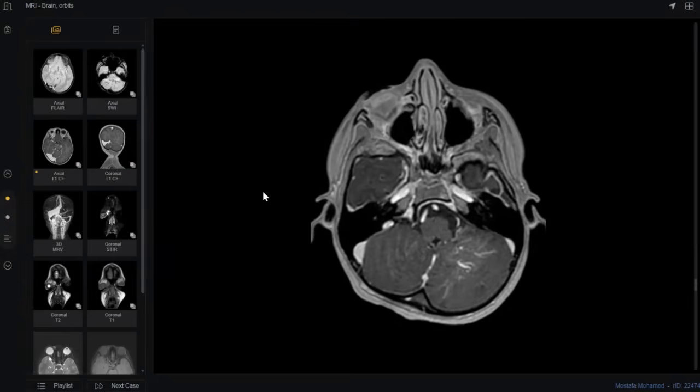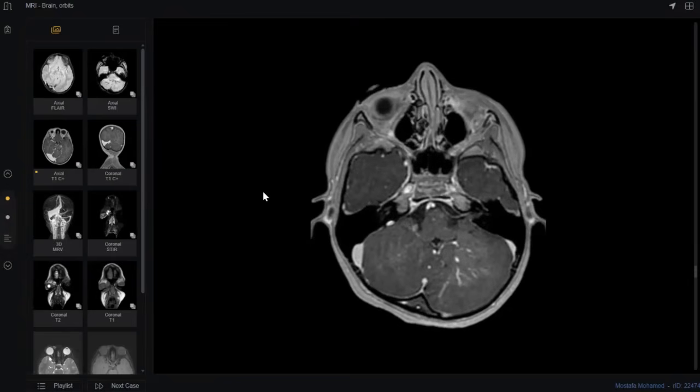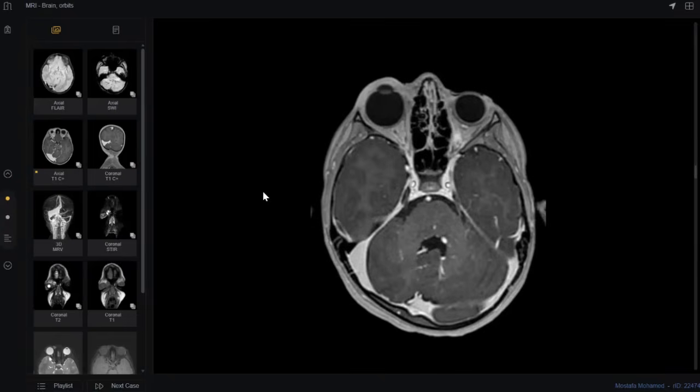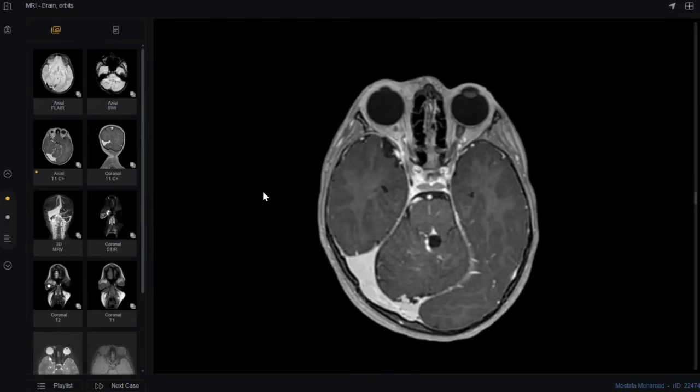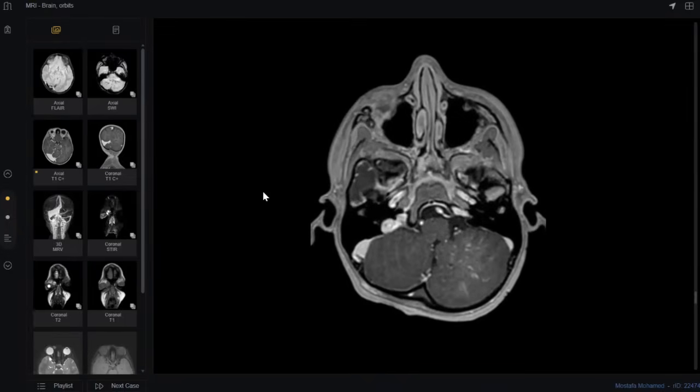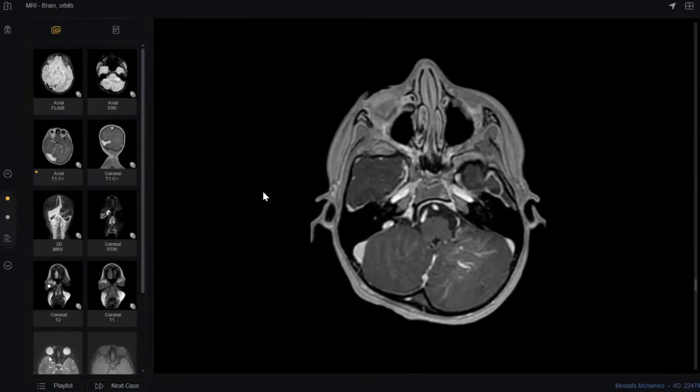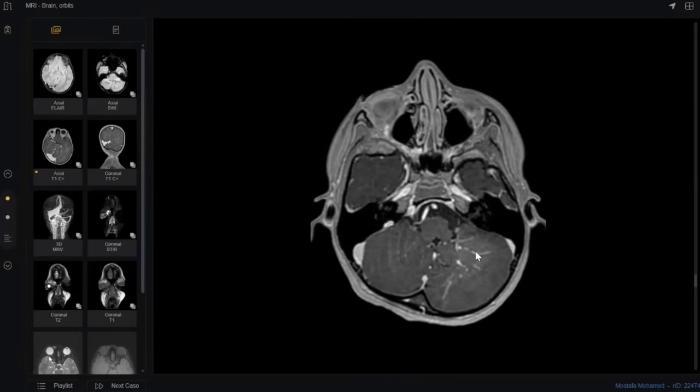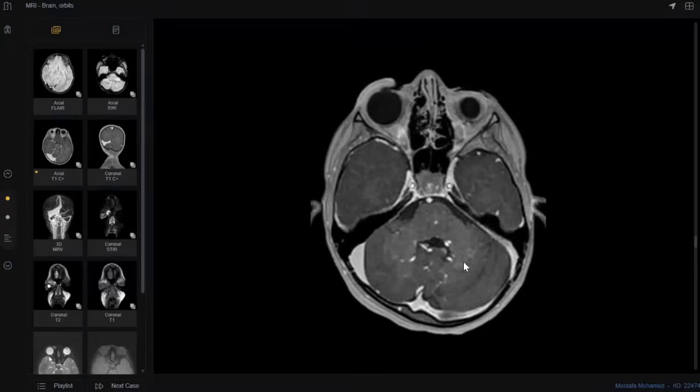At the left cerebellar hemisphere, the right cerebral hemisphere appears atrophic. Left, not right. Okay, the left cerebral hemisphere. I think that could be a developmental venous anomaly. Yes.